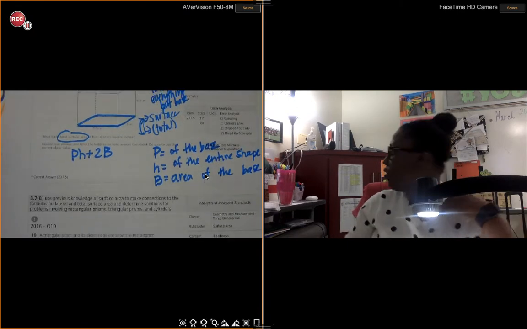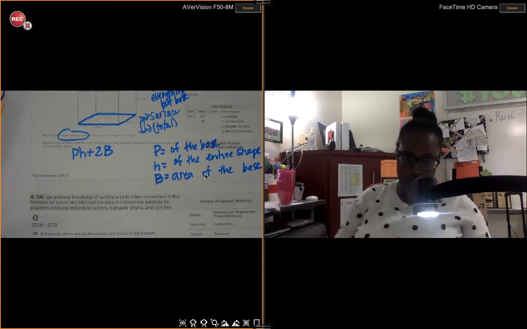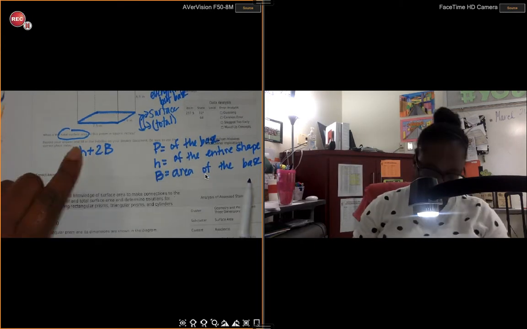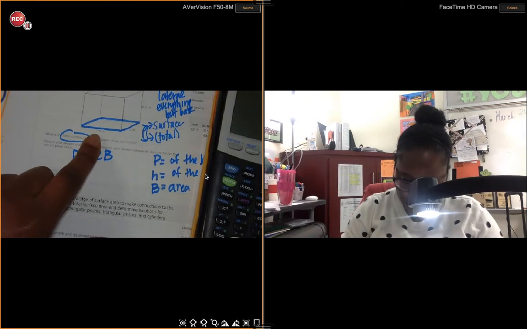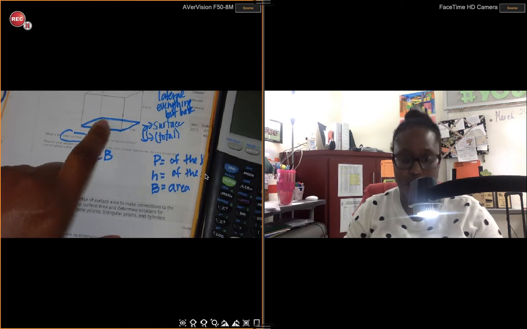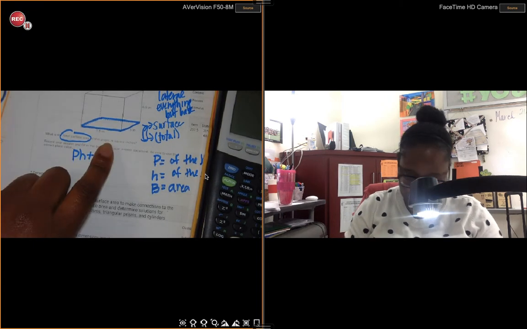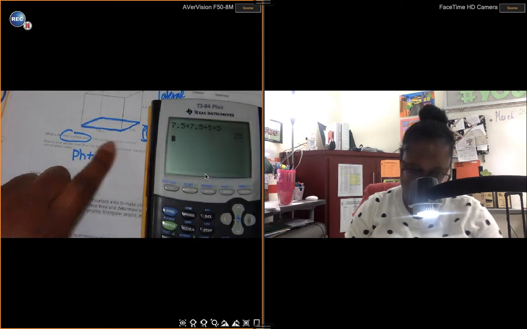Okay, so I'm going to grab my calculator. Our perimeter, remember, is of the base, and I already highlighted our base. So we're going to add 7.5 plus 7.5, because that's for this side and this side, and then add 5 and 5, and we get 25.